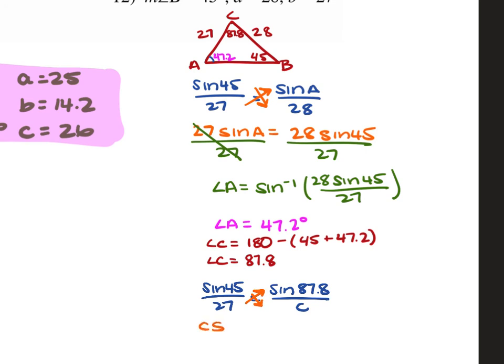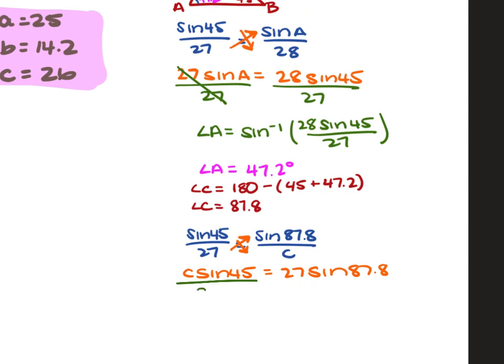So we have C sine 45 is equal to 27 sine 87.8. Divide each side by sine 45. And we get that C is equal to 27 sine 87.8 divided by sine 45, which gives us 38.2.